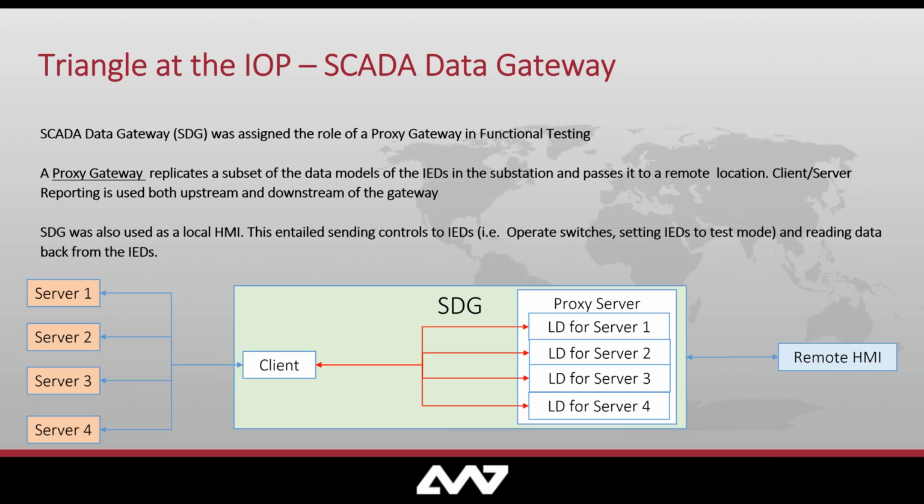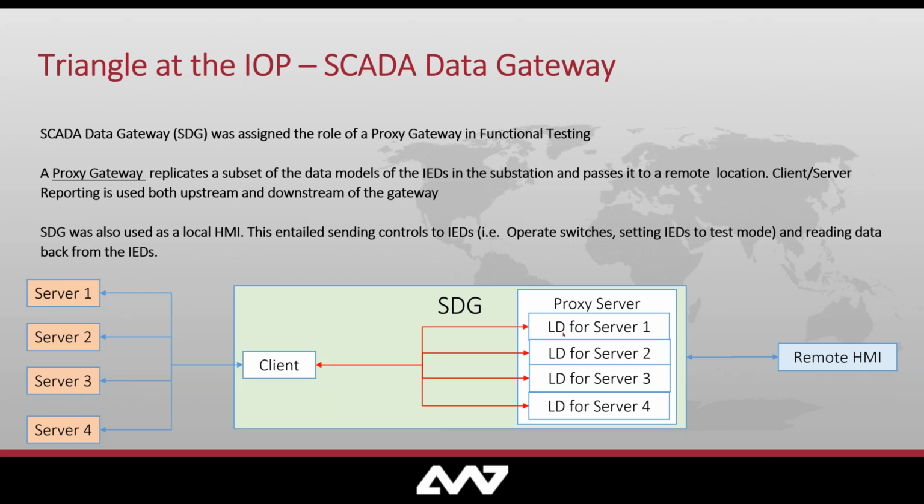So let's take a look at this diagram below that explains this in a little bit more detail. On the left-hand side, we have several servers representing different IEDs that you might have within your substation. Via client-server communication, reports are issued up to a client that resides here within the gateway. Via internal mapping, that client will map the data that it receives via report to a proxy server that also resides within the gateway. Inside of that proxy server, I might have several logical devices, each representing the different servers that are downstream over here on the far left side, the different IEDs in the substation.